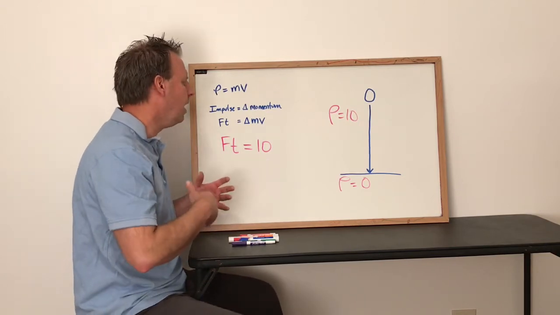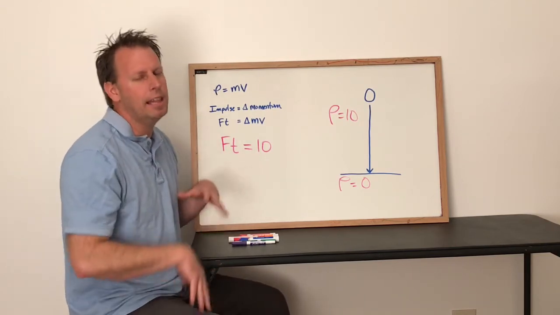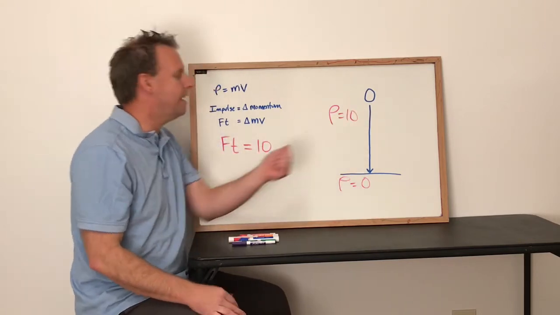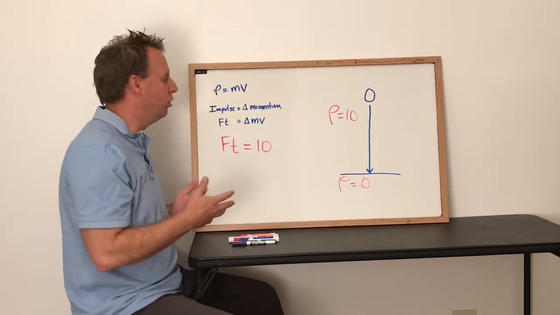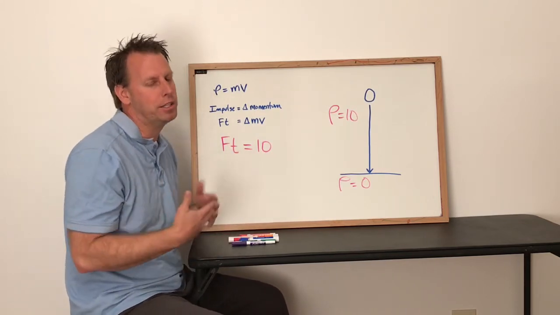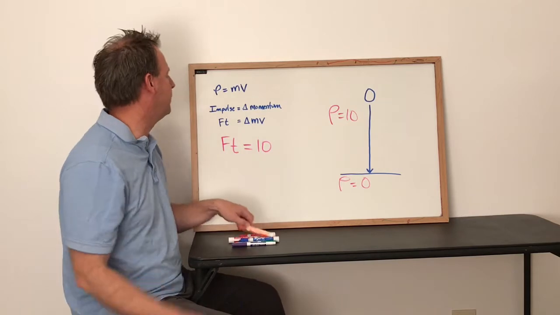So to make the math easy, let's just pretend that it takes 1 second when the egg hits the ground to stop. Now, it's less than 1 second, but again, just to make the math easy, let's call it 1 second, okay?